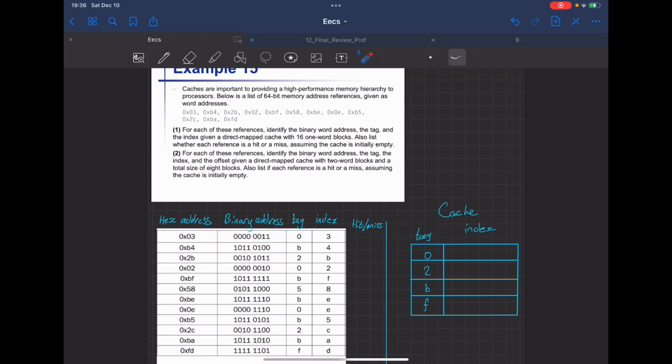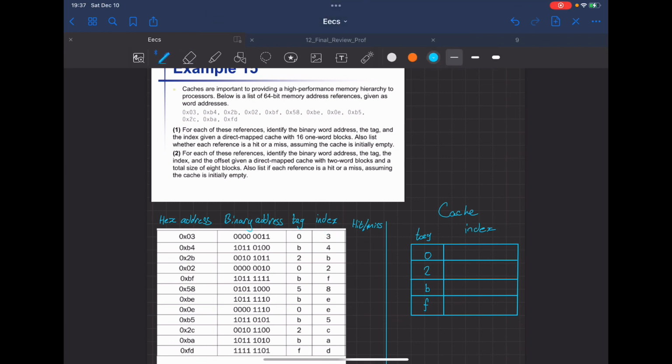Knowing that, we can then assign the left bits as the tag and the right bits as the index. The left-most significant bits are the tag, and the right least significant bits are the index.